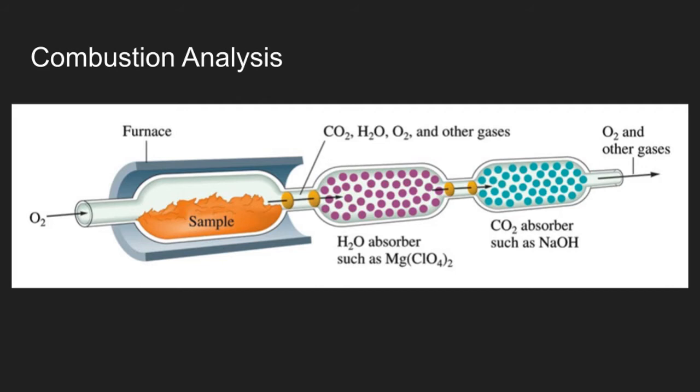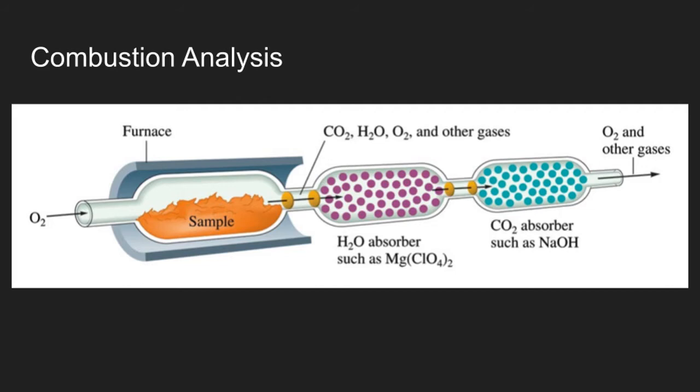If there's excess oxygen, that's going to be still around as well. A water-absorbing substance will absorb the water molecules, and a carbon dioxide absorbing substance will absorb the carbon dioxide molecules.